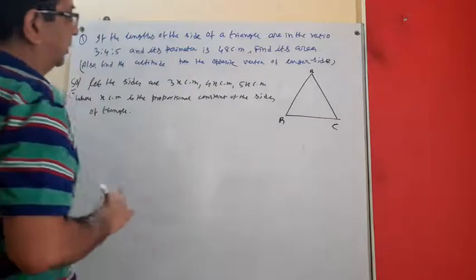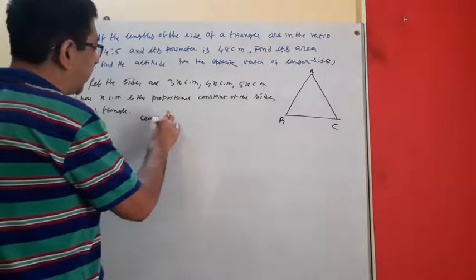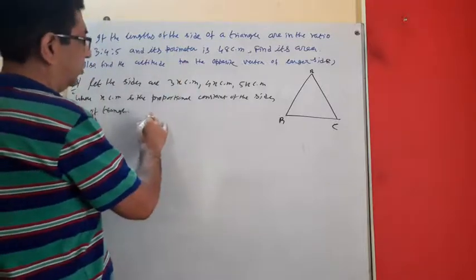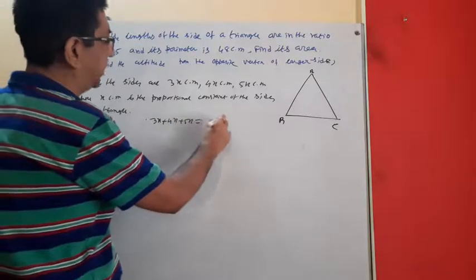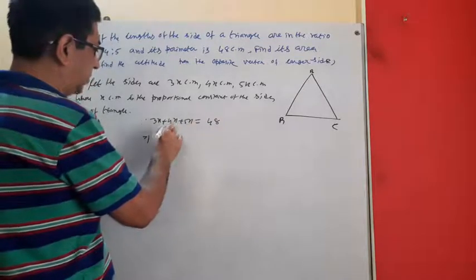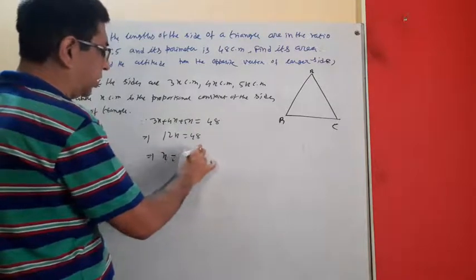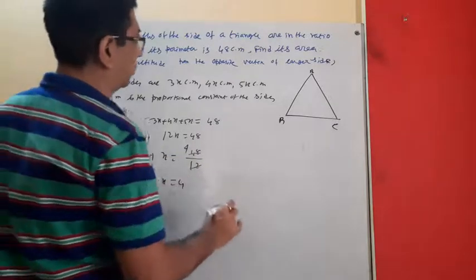So the perimeter is given, therefore 3x plus 4x plus 5x equals 48. That means 12x equals 48. That means x equals 48 by 12. That means x equals 4.